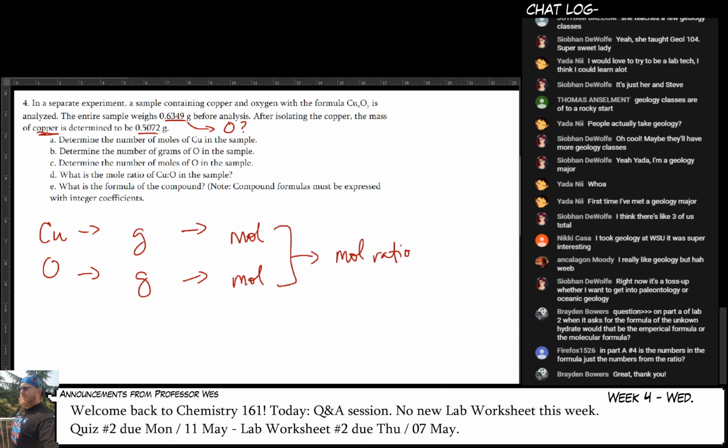So when it says what is the mole ratio and then what is the formula, you just take the numbers straight from the ratio. But when you make the ratio, make sure that they have whole numbers in them. So like if you had a ratio of 0.8 to 0.2, I would reduce that to 4 to 1. And by reduce, I mean divide by the smallest number.